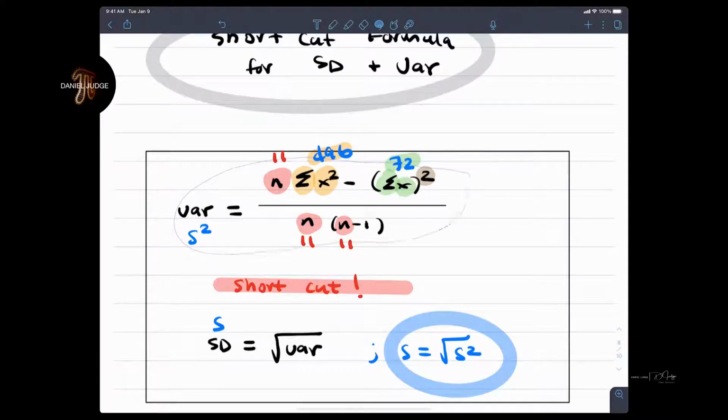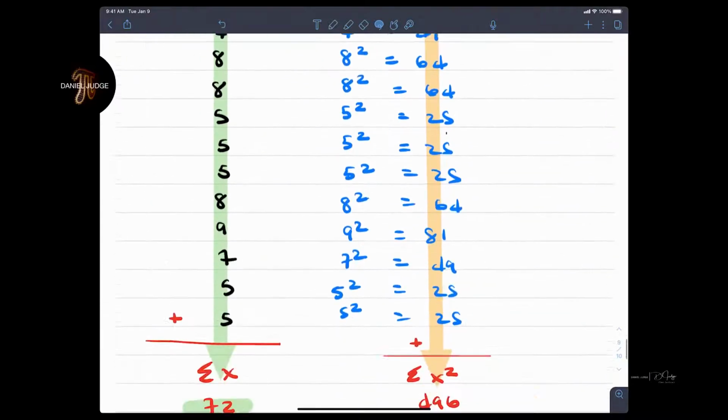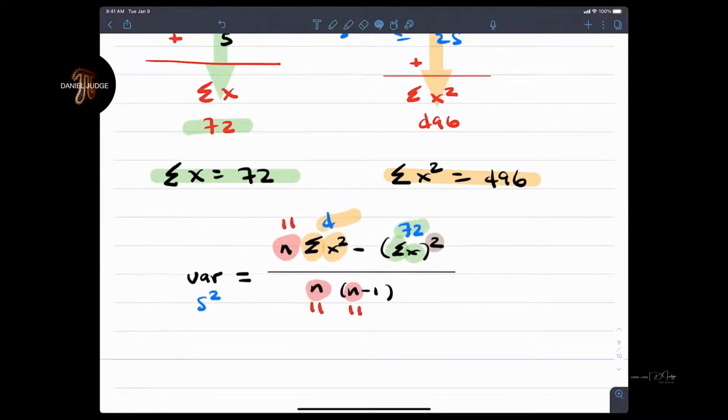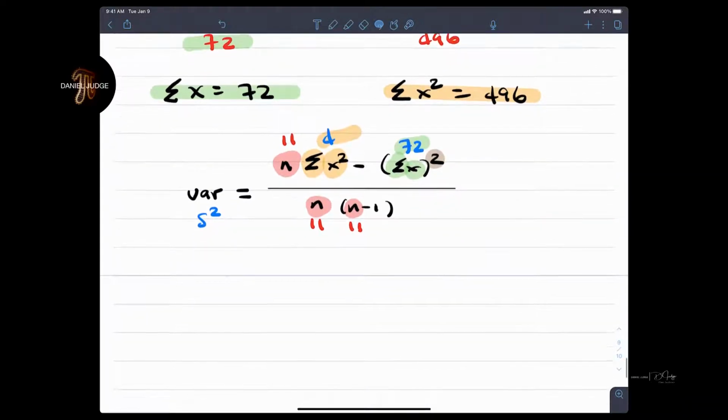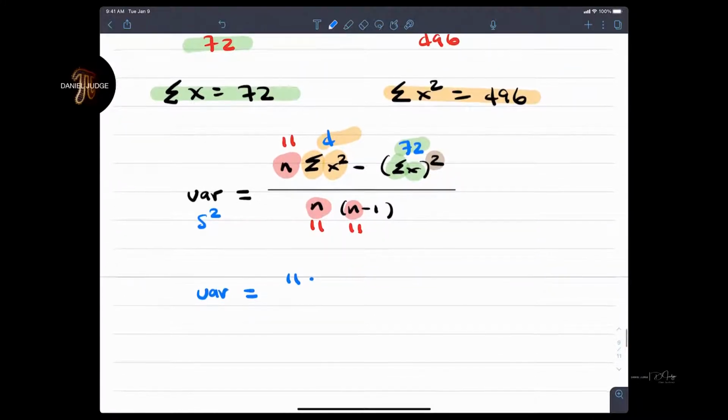I'm going to copy it. Bring it down. And what I do is I write it all again. This is what I mean. I want to be clear with what this is. This is 11 times, and that was 496.